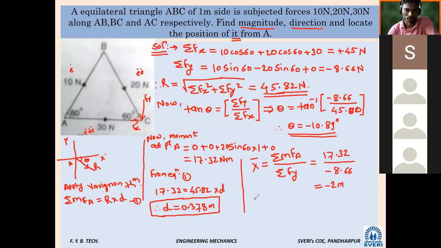Similarly, y bar is equal to, what will be the formula? Summation of moments due to all forces at point A divided by summation Fx. Calculate directly now: 17.32 divided by summation Fx, which is 45.